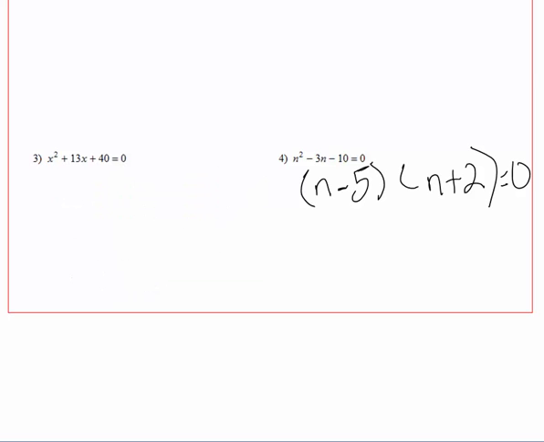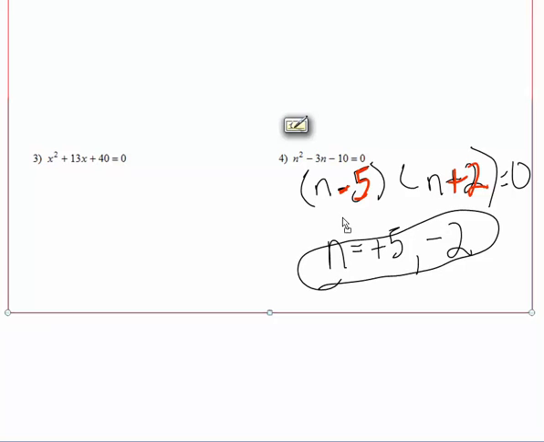Let's go to number 4. Number 4 factors to n minus 5 times n plus 2. Again, let me put the important numbers in red. We want to make n equal the opposite of negative 5 or the opposite of positive 2. The opposite of negative 5 is positive 5, and the opposite of positive 2 is negative 2. And that is our answer.